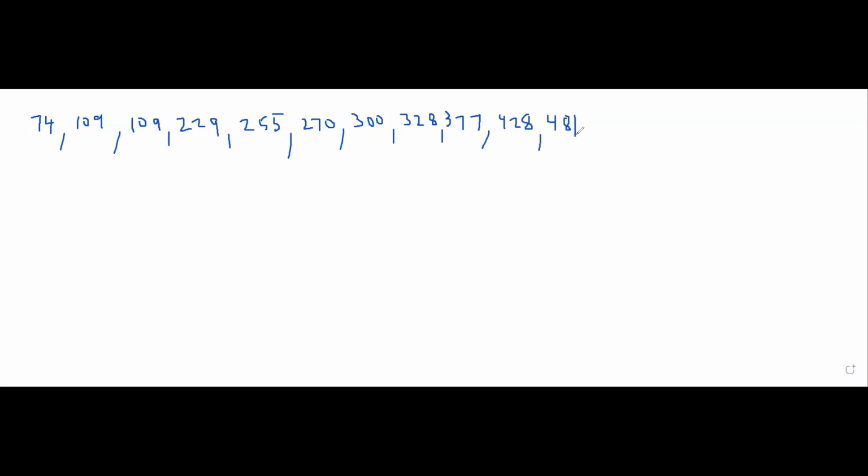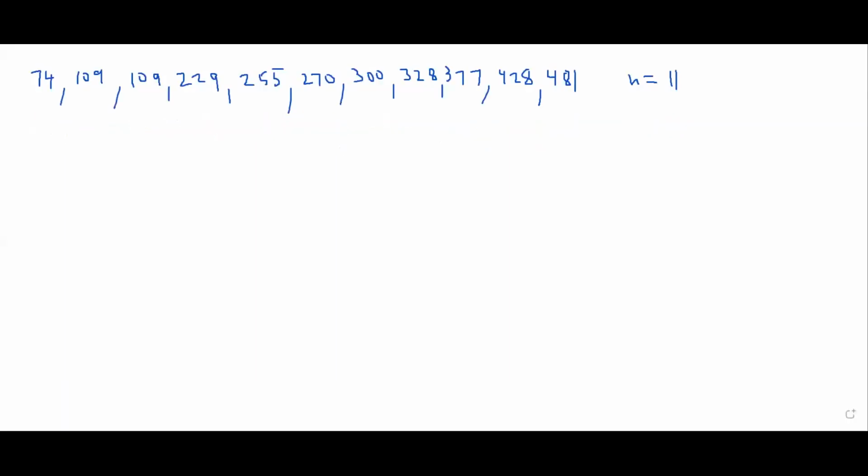So it turns out that the sample here, which has 11 elements, is what I want to arrange from smallest to largest, because then I can find the median, or so-called middle element in a sample.